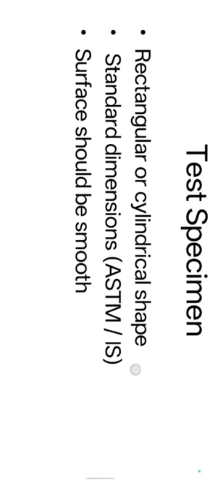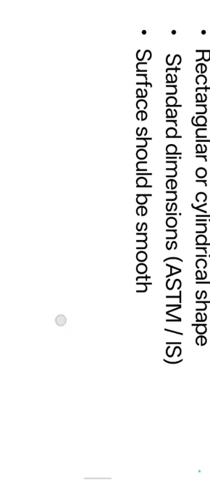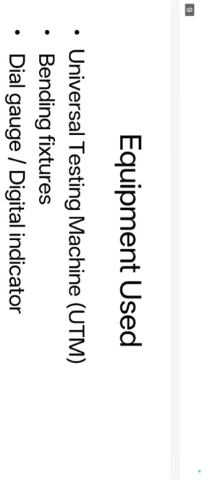The test specimen is of rectangular or cylindrical shape, with standard dimensions as per ASTM and IS. The surface should be smooth. Equipment used: universal testing machine, bending fixtures, dial gauge, and digital indicator.